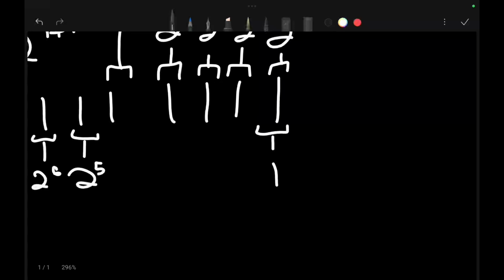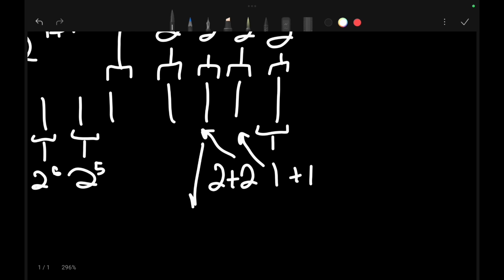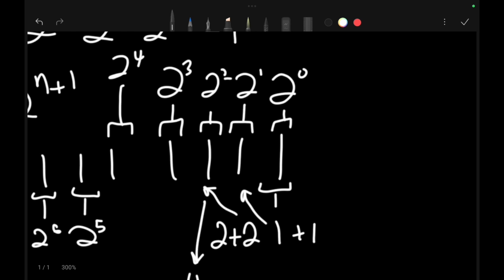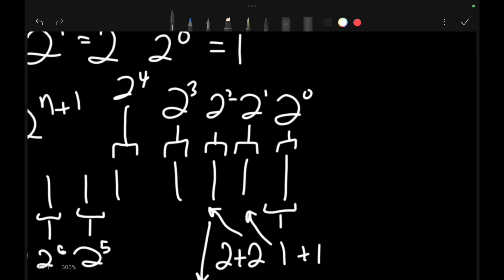So the next one keeps increasing: you add 1 plus 1 and go to the next one, and you get 2. After you get 2, you must add it to itself. Then you move to the next one, and you get 4. See, isn't it the same as how the power works?